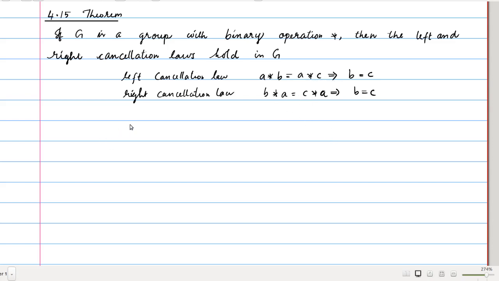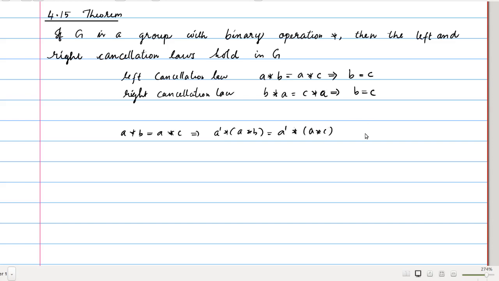So we will prove this theorem by taking the first, a star b. If you assume a star b is equal to a star c, since this is a group, there exists an inverse for every a belonging to that group. We denote the inverse of a as a prime. So we apply a prime on both LHS and RHS. We get a prime star (a star b) equal to a prime star (a star c).